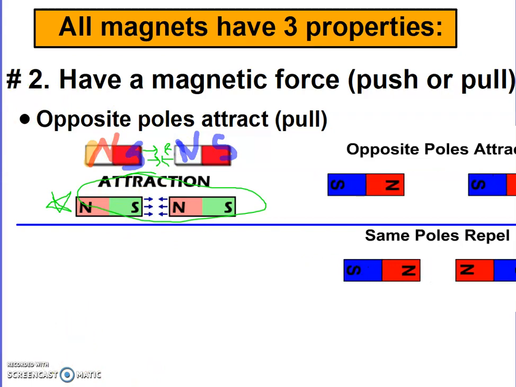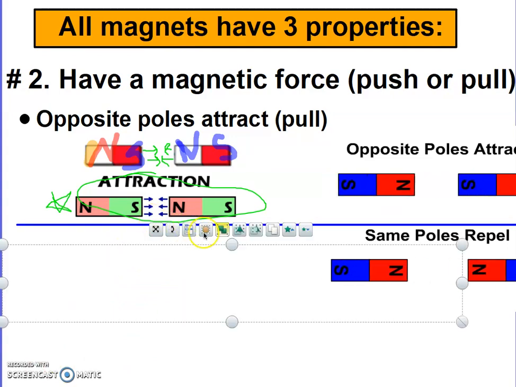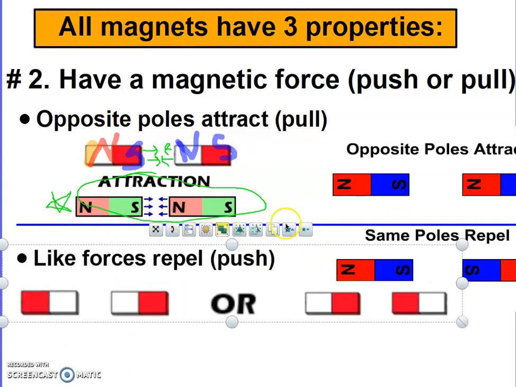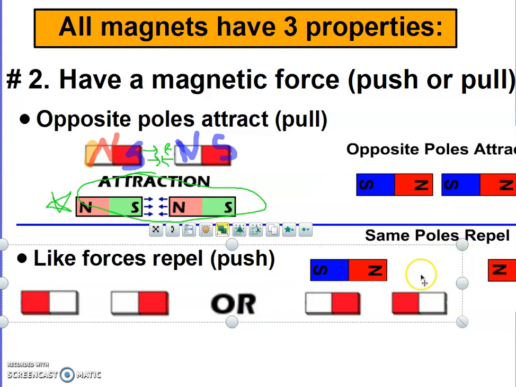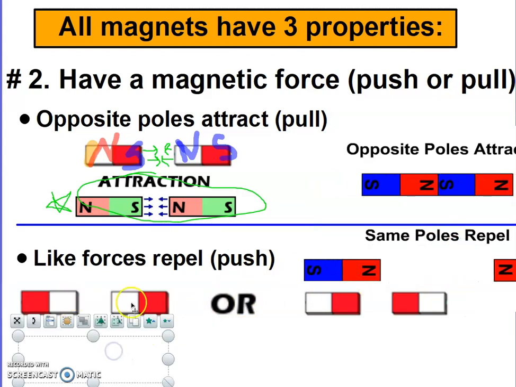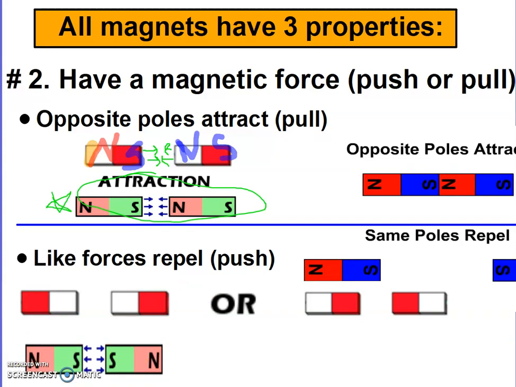Now, the second part of having a magnetic force is, of course, that they are going to be pushed away or repelled. So in this animation, you can see that the two ends are repelling, and then it shows you the two S's repelling. So I've got two sets of pictures here. So when you see this picture and it says pushing, one set needs to look just like this. So once again, this is what needs to be on your notes.